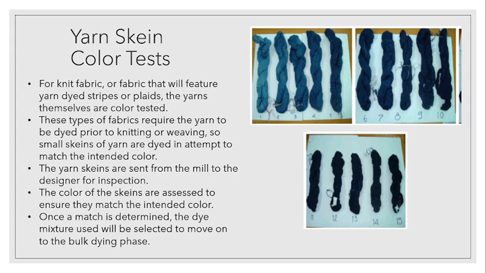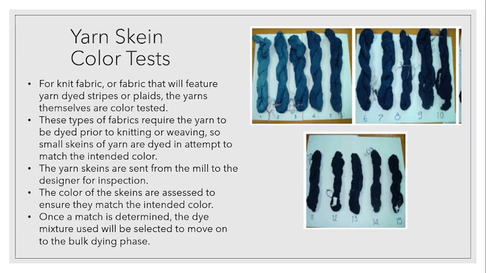These types of fabrics require the yarn to be dyed prior to knitting or weaving, so small skeins of yarn are dyed in an attempt to match the intended color. A few different dye mixes are used, and then the best match is chosen.